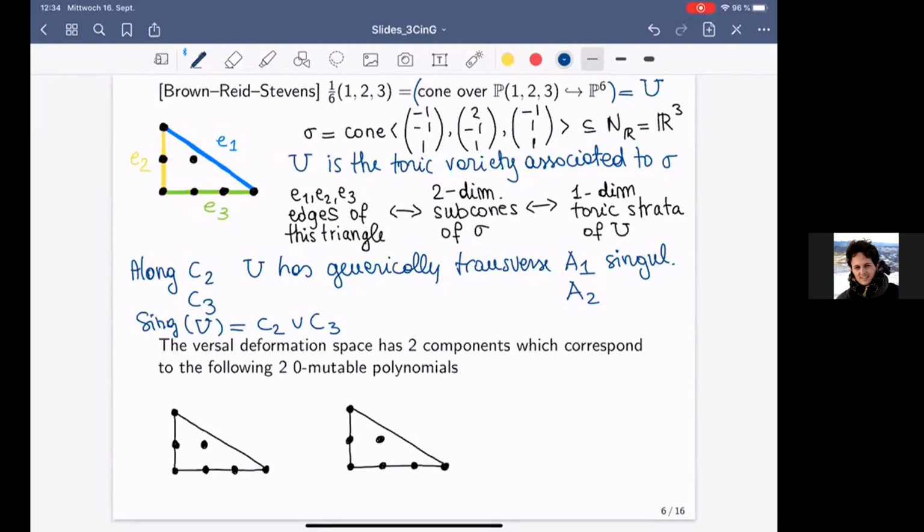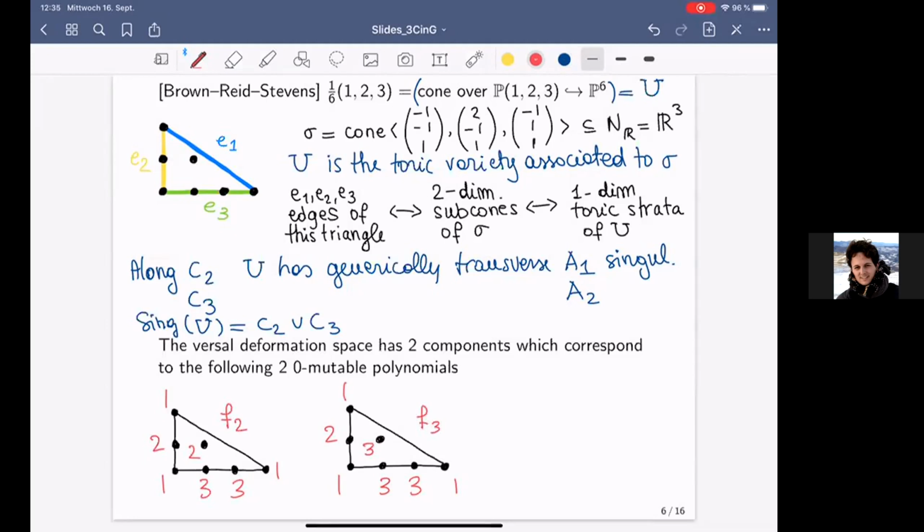And I will say in a bit what I mean. And the polynomials are these ones. I always give binomial coefficients to the edges, and then in the middle I write 2 or 3. So I call this polynomial F2 and this polynomial F3.